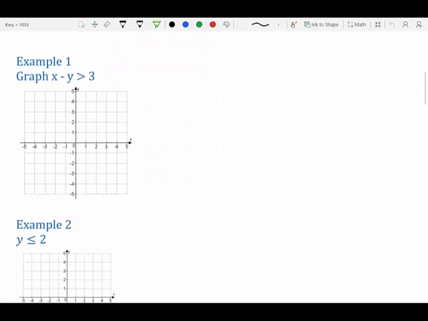So example 1, we want to graph x minus y is greater than 3. The first thing we need to do is make sure it's in y equals mx plus b form, except that equal sign will now be an inequality. We subtract x from both sides to get y by itself.